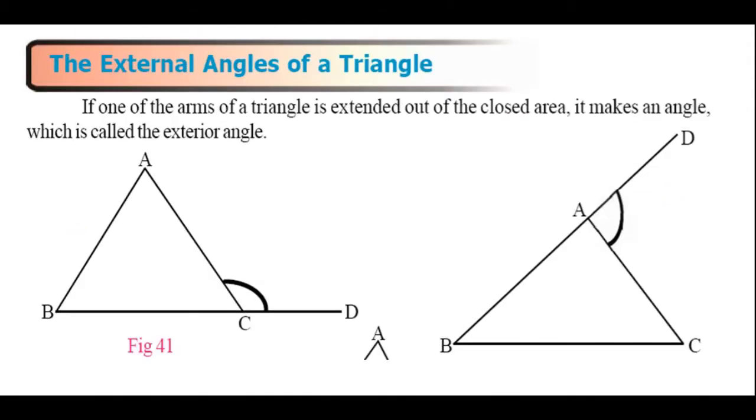Now come to the external angle of a triangle. What is the external angle? You can see here a line is passing out from C to the outside, and there is a triangle ABC. So this angle in your figure is called the exterior angle.